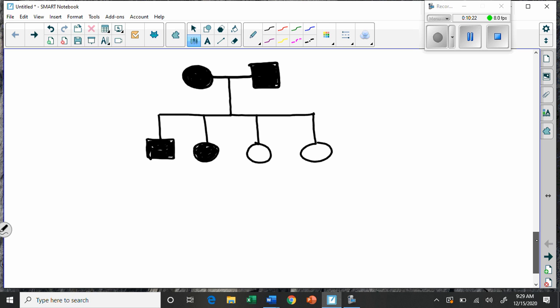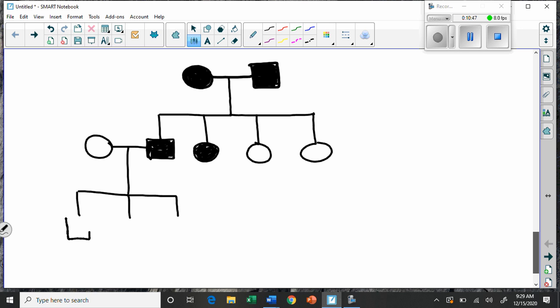Perhaps the female on the left side here, no, let's do the male first. The male on the left side marries or mates with a female who is normal. She does not have Huntington's disease. Then they have their own children, so we draw their children like this, and there's going to be 3 of them.